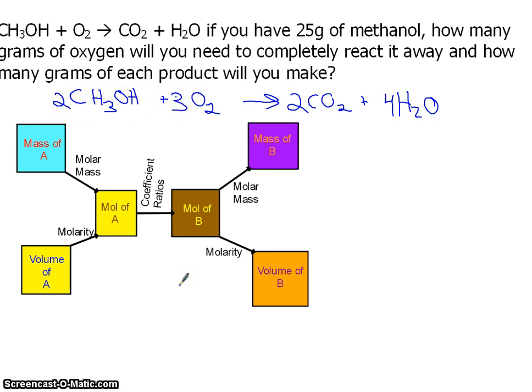Okay? Now, I have a bunch of different questions here. I need to take my 25 grams of methanol and I need to turn that into, it asks me several questions. From here, it says, how many grams of oxygen do you need?